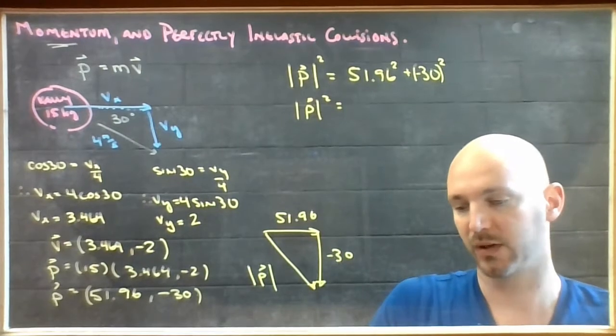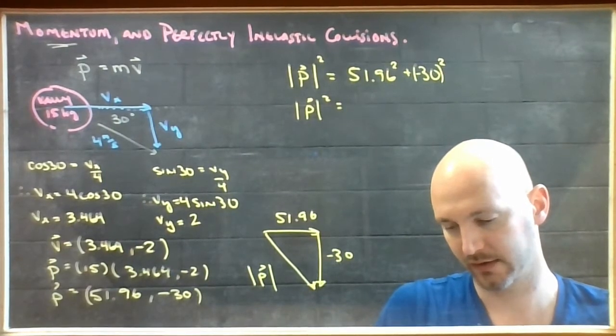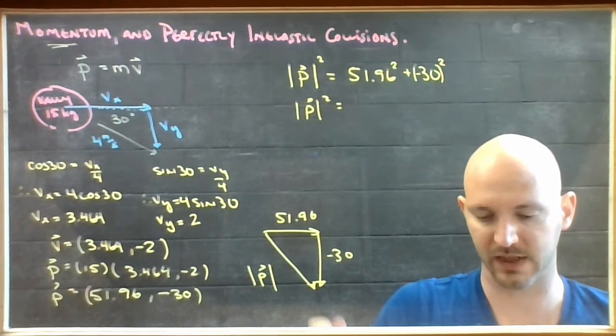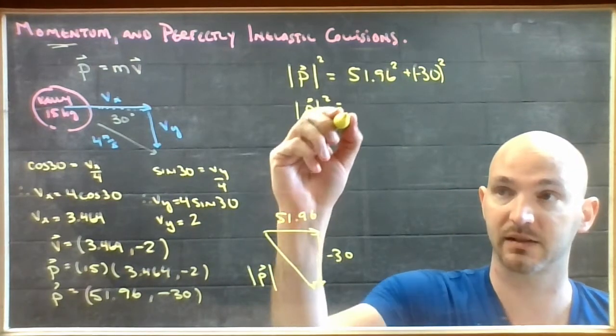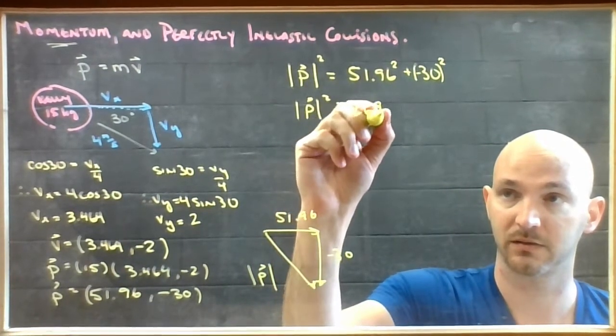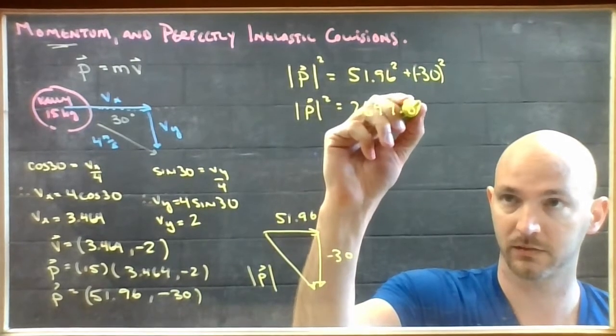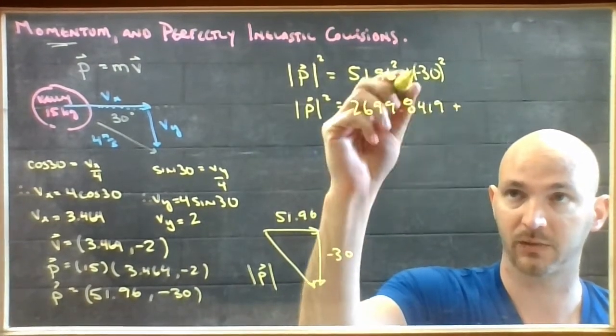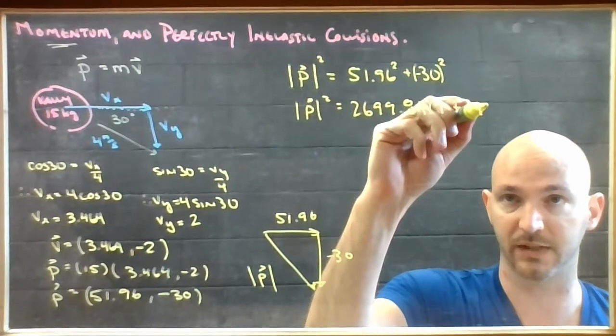So 51.96 squared is 2699.8416. 30 squared is 900.